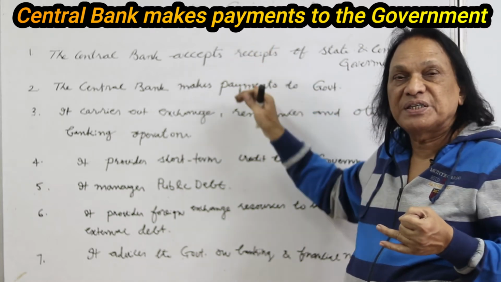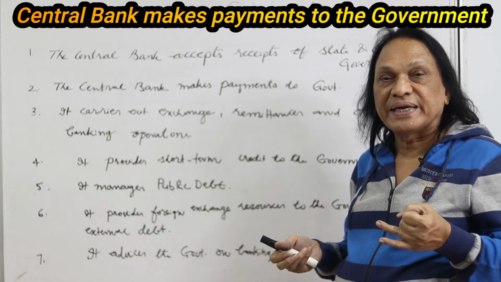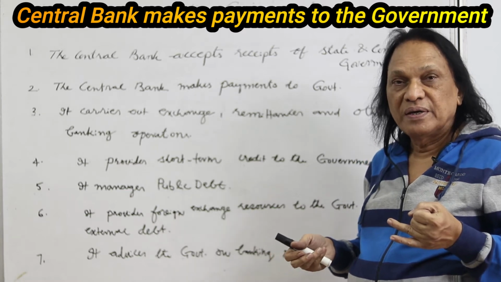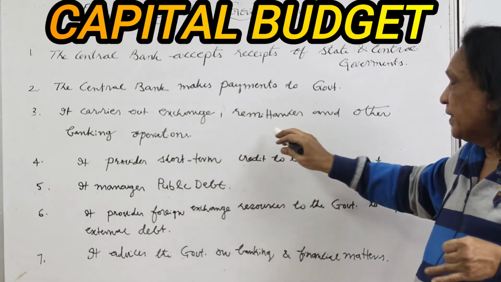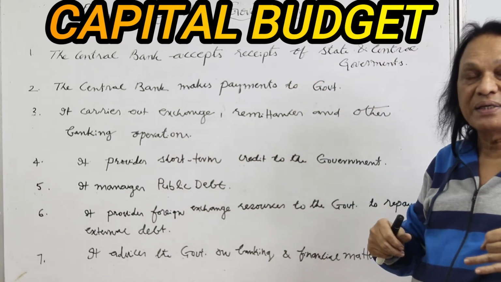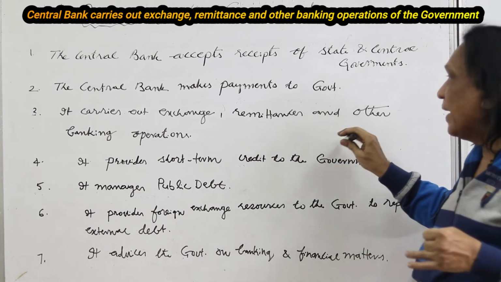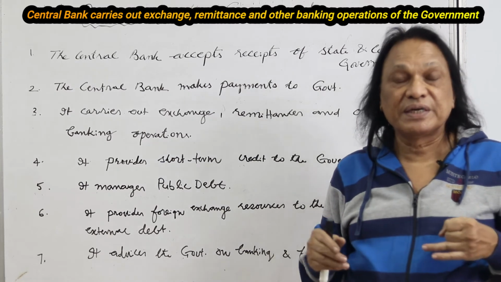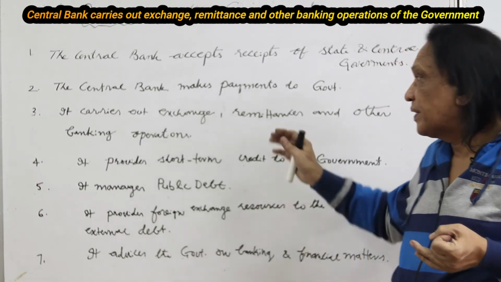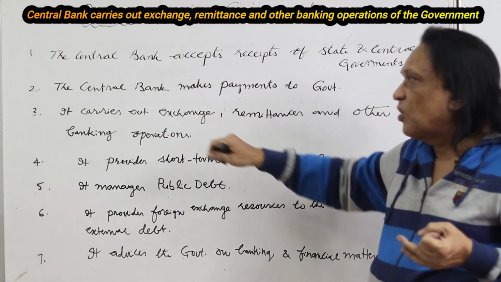It accepts the receipts as well as makes payments to the state governments as well as the central government. And the third one: it carries out exchange, remittances, whatever money the government is getting from abroad, and other banking operations for the government.